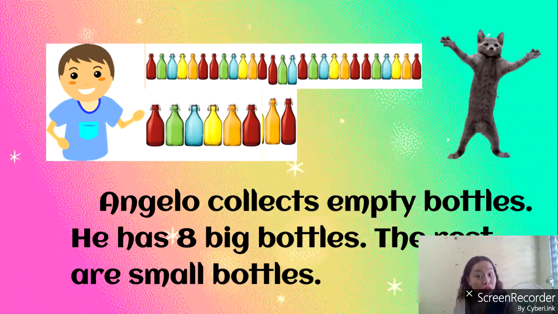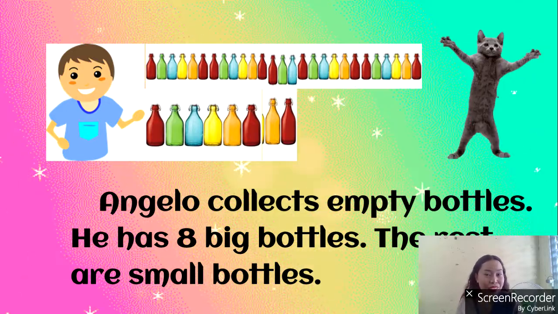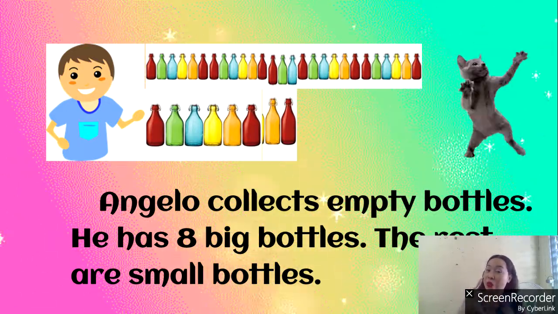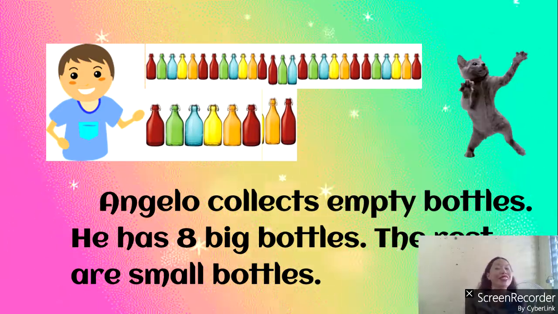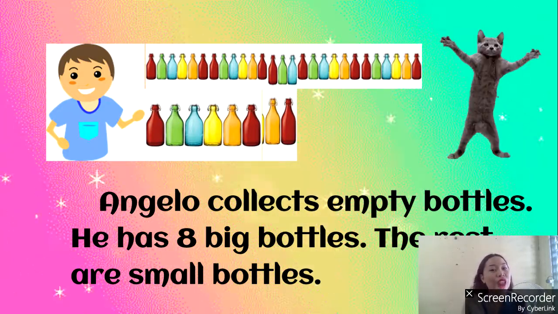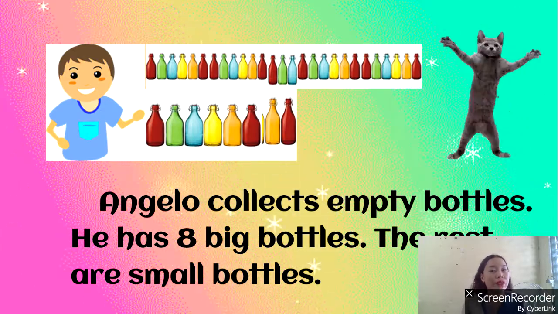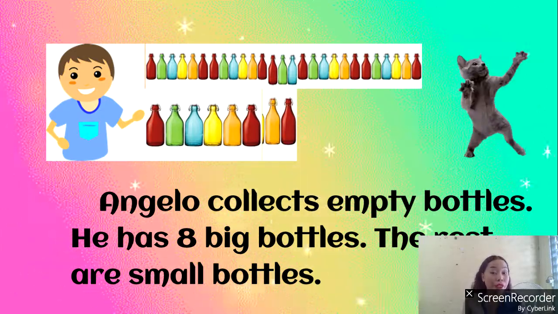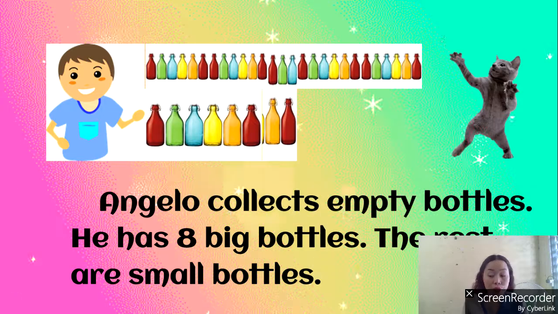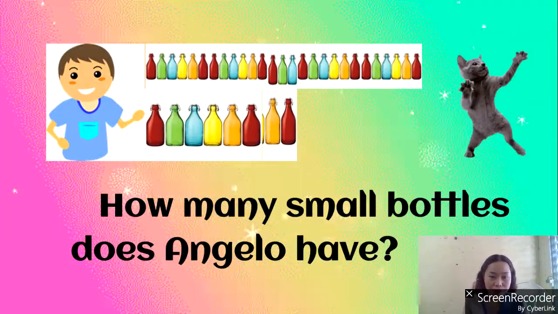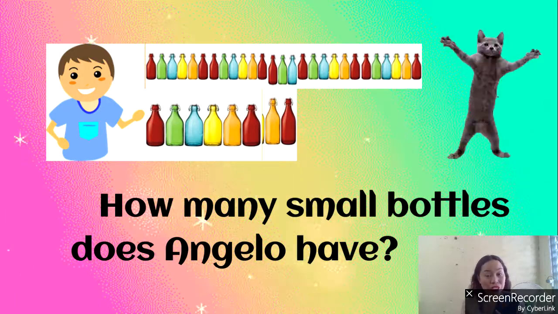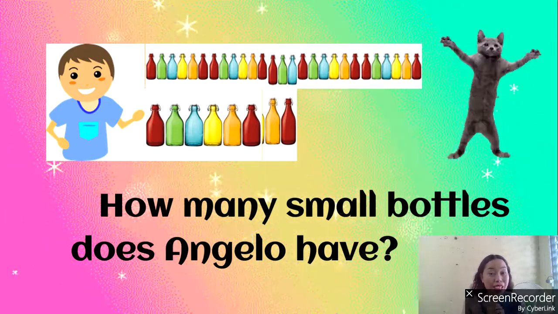All right. So, I think you are done counting already the small bottles. So, we have 27 small bottles and 8 big bottles. So, when we combine 8 and 27, it gives us the answer 35. The total number is 35. Now, what are we going to do next? So I have asked the question, how many small bottles does Angelo have?